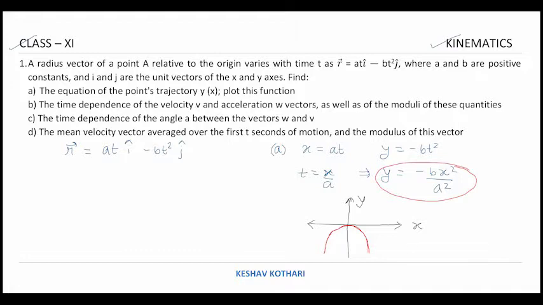The next question is asking the time dependence of the velocity v and acceleration w vectors, as well as of the moduli of these quantities. The position vector of the particle r is equal to at i cap minus bt² j cap.